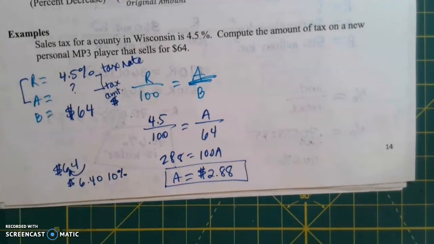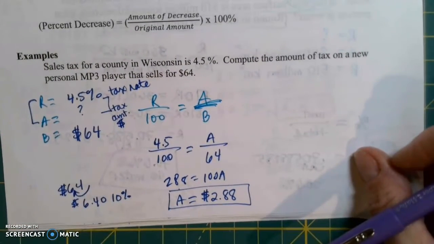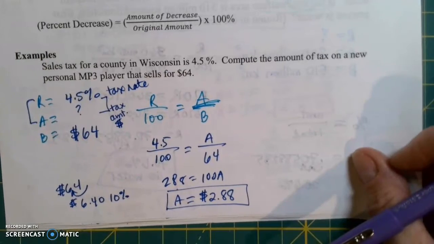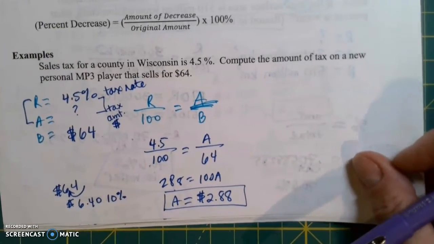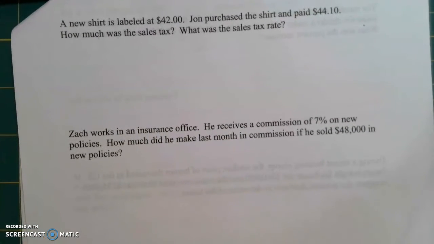And that would be no. So again, look for those situations where the amount of the price, the amount of sales tax, or whatever it is that you're looking for here, doesn't make sense in the problem. If it doesn't make sense in the problem, and you guys are consumers, so you know what makes sense for these things, then you need to look back at what you put where in your percent proportion and make sure that it was correct. Because sometimes it's just a little calculator error where you mistype something and it ends up not where it is supposed to be.